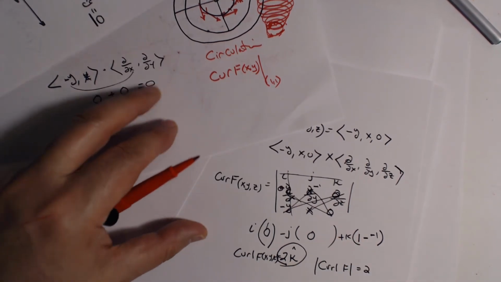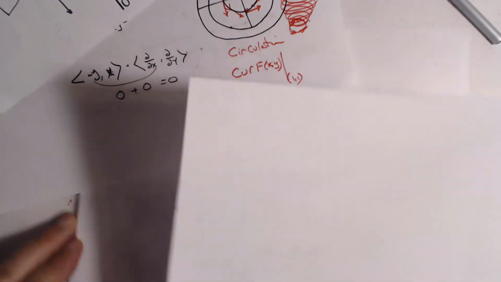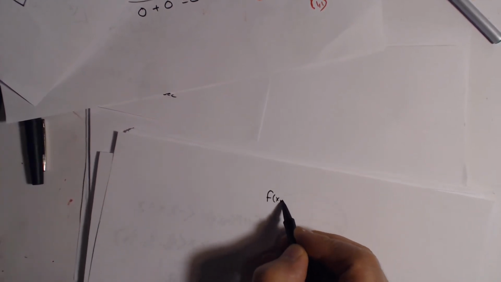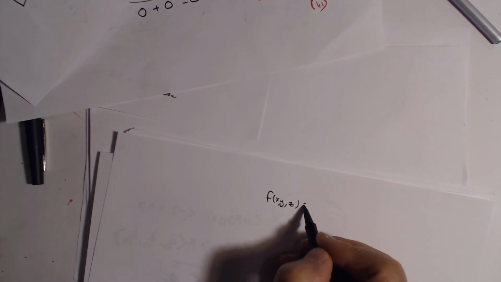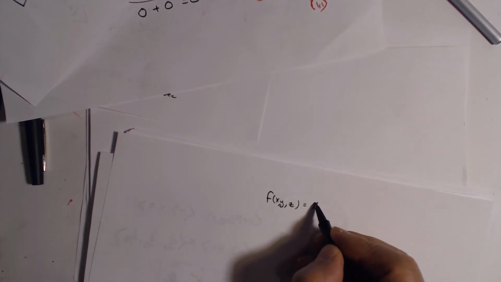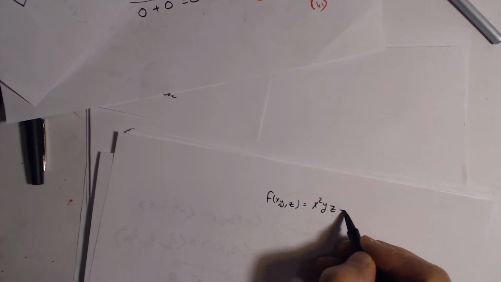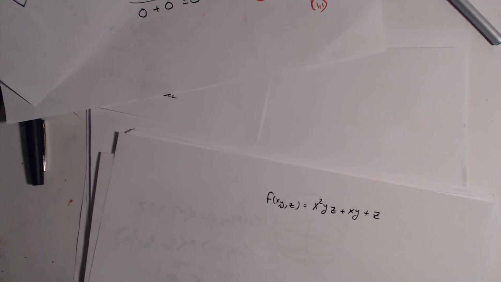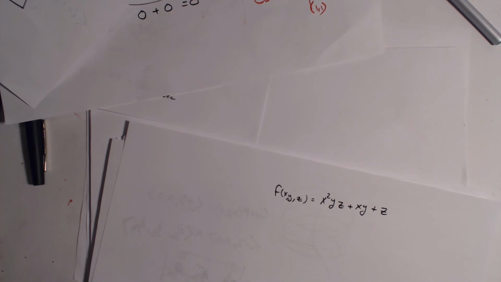Somebody said, okay, let's have a problem. But I'm going to cheat on my problem. I'm going to start with a function, and I'm going to write x squared yz plus xy plus z. This is a potential function. The gradient of this one could represent a vector field.